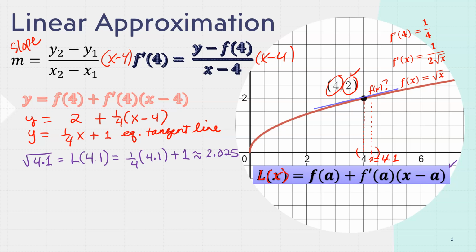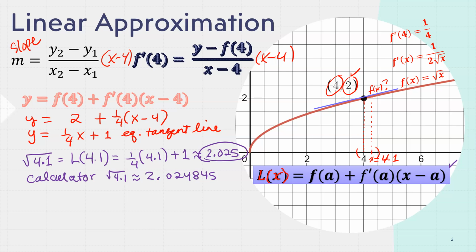Now, if we use our actual calculator, it will give us a value of square root of 4.1 being 2.024845. So this is a pretty good approximation, and that is because 4.1 is close to 4.